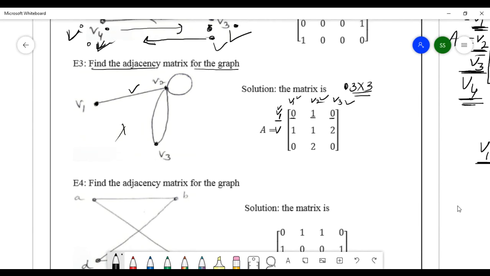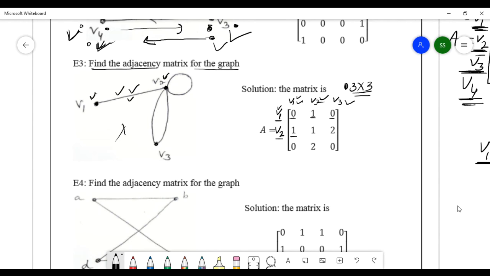Now start from this V2. V2 to V1. V2 here and V1 here. V2 to V1, here an edge exists. Here this is not directed, so you can go from V1 to V2 or from V2 to V1. The same is here, one. And now V2 to V2, this same point.